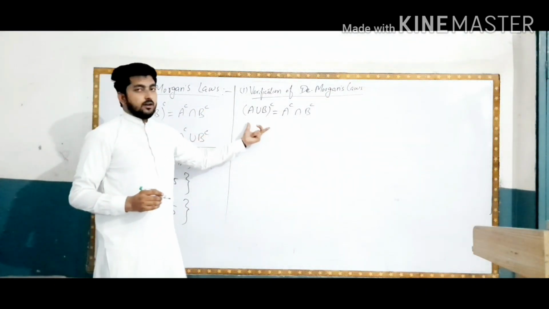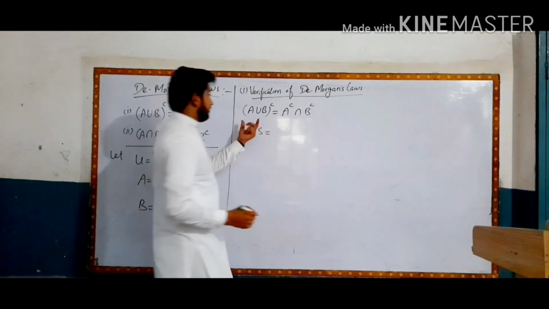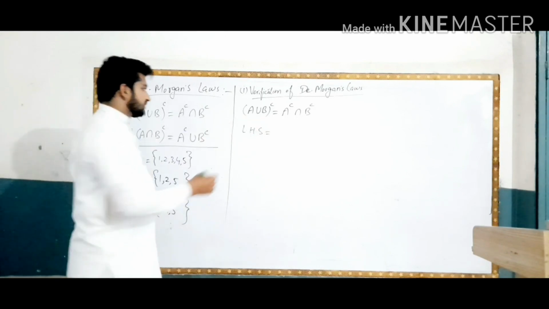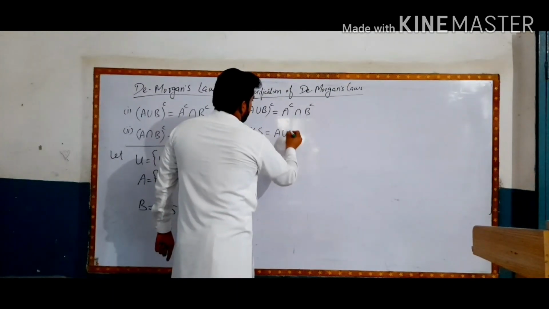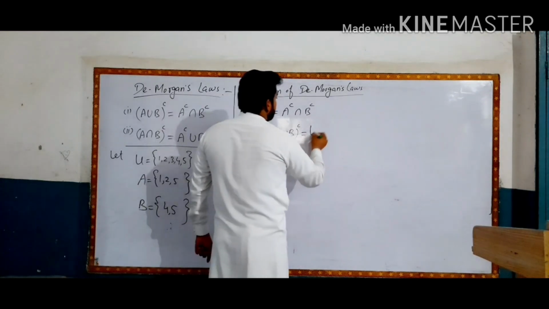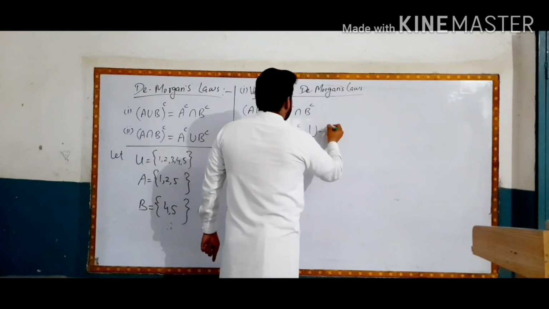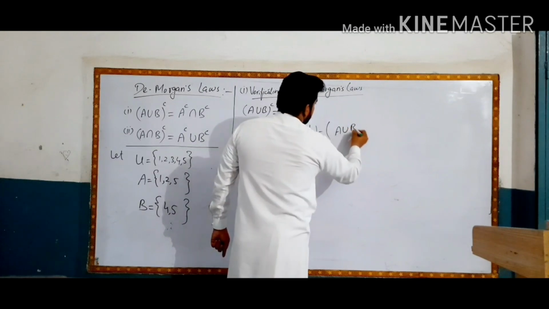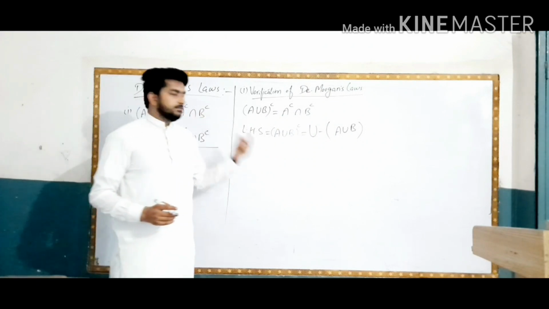So take the left hand side. First of all we need A union B. (A union B) complement is equal to the universal set difference A union B. So this is the left hand side of De Morgan's law.